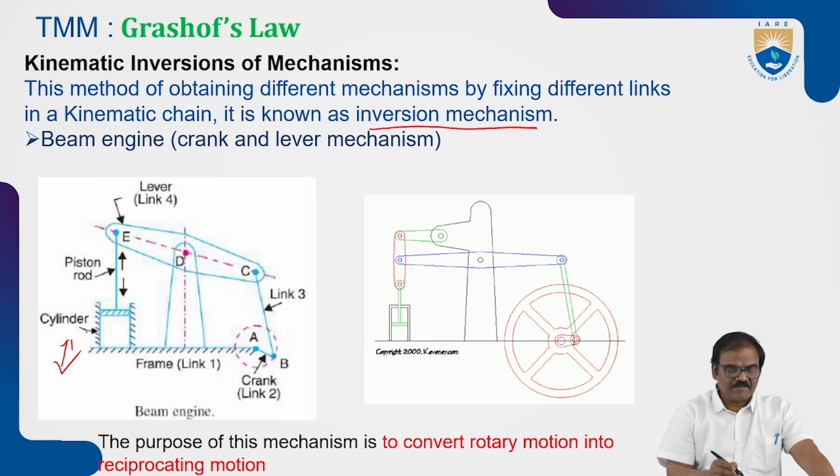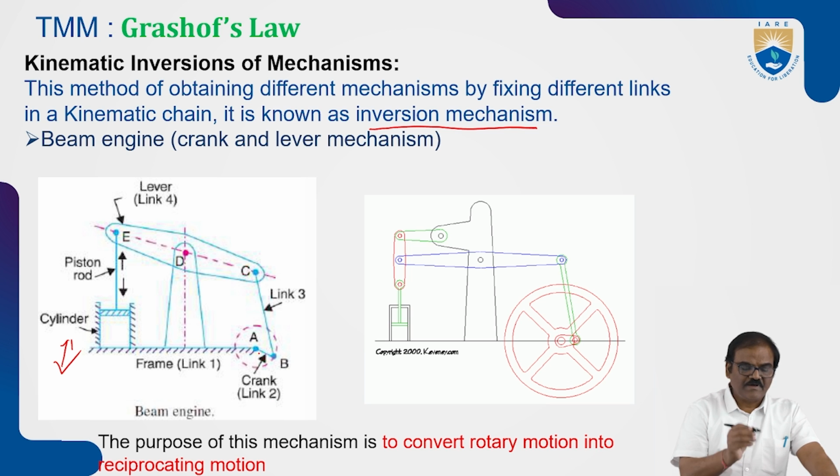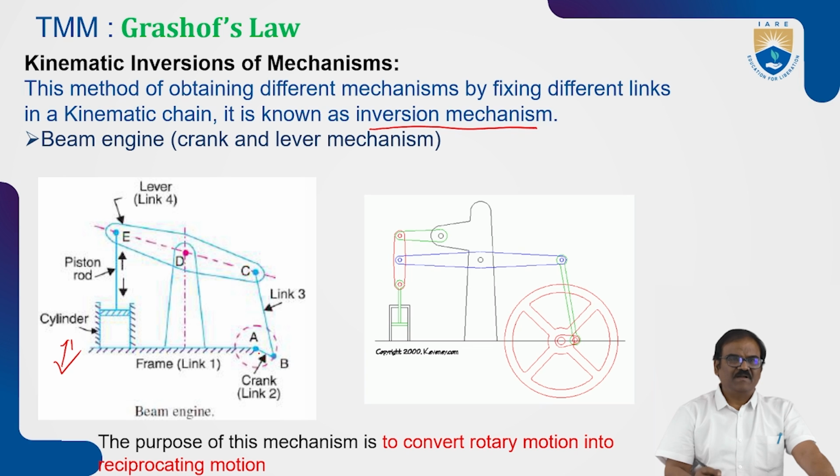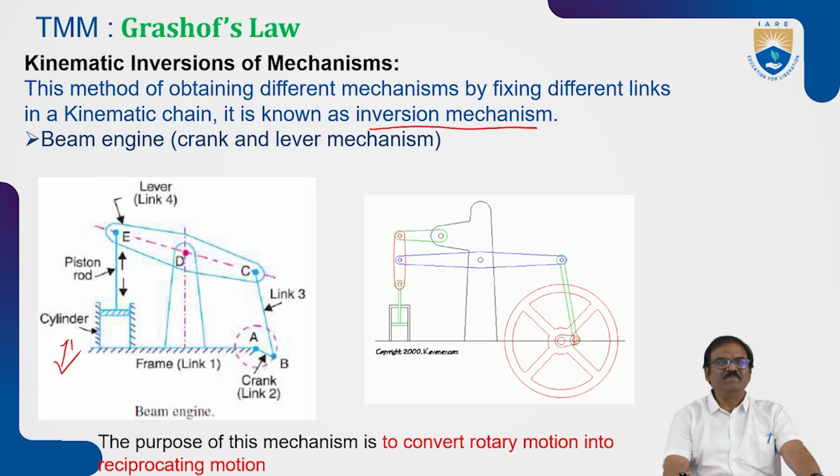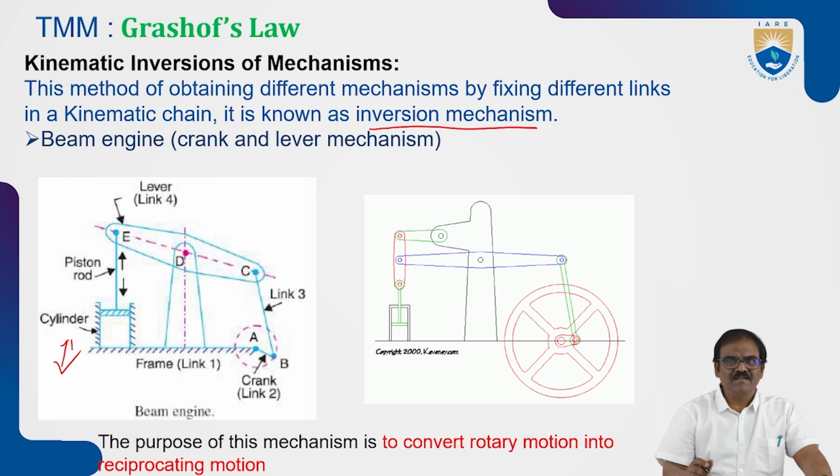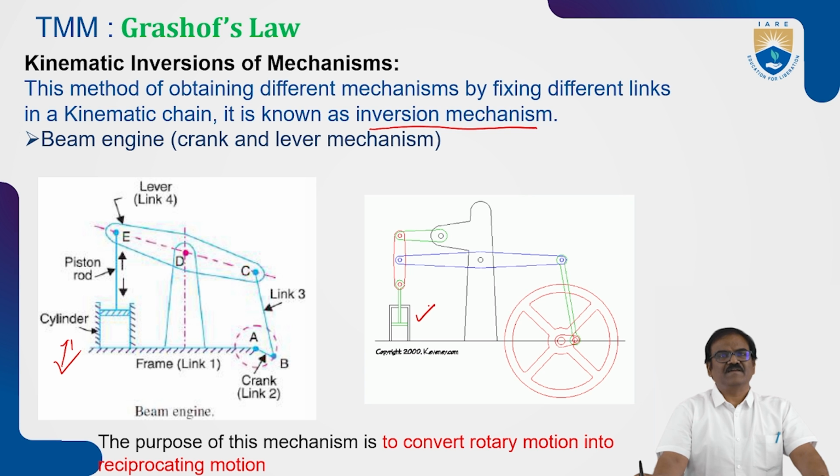The purpose of this mechanism is to convert the rotary motion into reciprocating motion, and this we call the beam engine. A complete revolution of this wheel will make the up and down motion of this piston cylinder assembly. So the real time application is a beam engine.